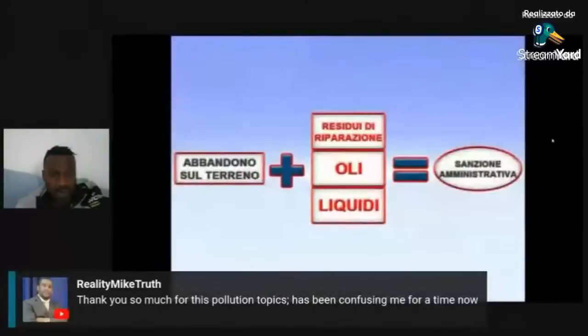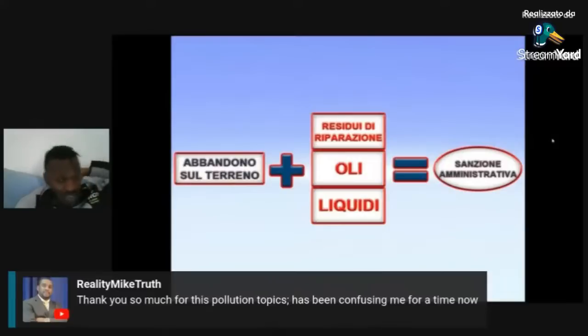Abbandono sul terreno più residui di riparazione, oli, liquidi, sanzione amministrativa, meaning if you leave batteries or other parts of the vehicle on the floor, or throw away oil or liquid of the vehicle in any part of the environment, you'll be given a sanction which is called multa, sanzione amministrativa. Is that clear?